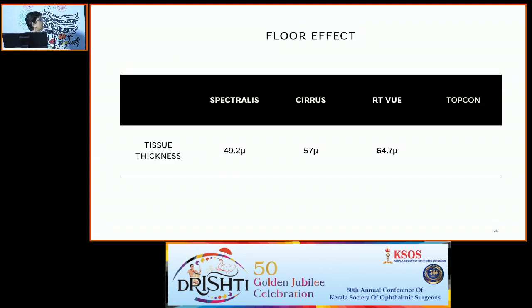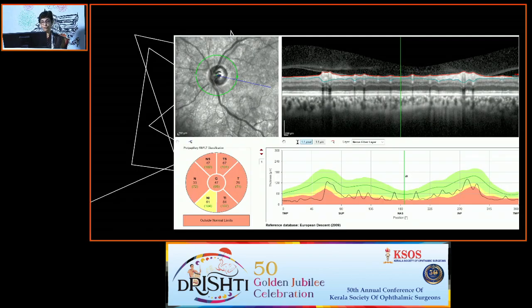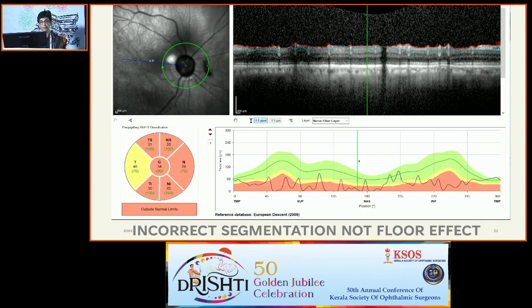It means that there has to be some amount of tissue, including the blood vessels and the glial cells, which are not destroyed even though the glaucoma has come to an advanced state. So if the TSNIT profile shows that the actual measurement of the patient is touching the floor, then this has to be reworked, remeasured.